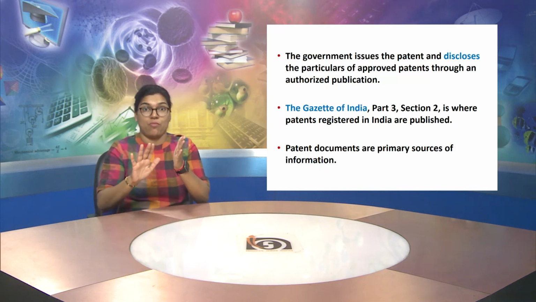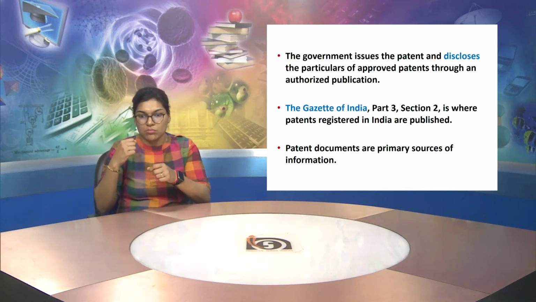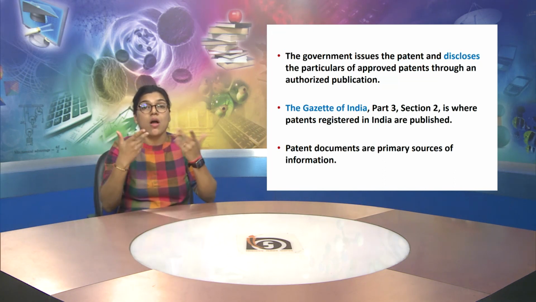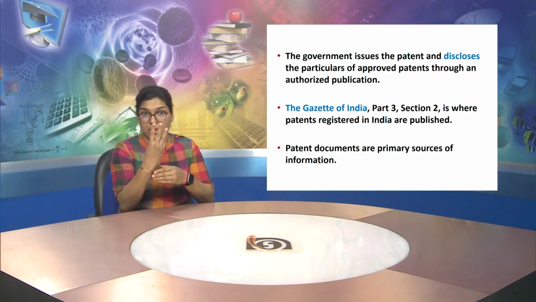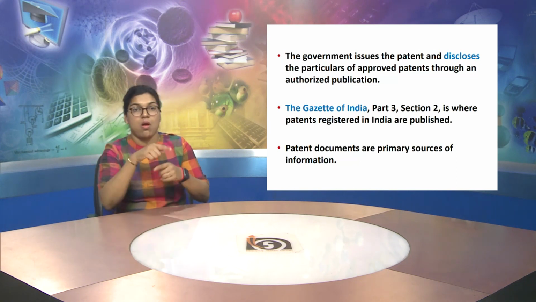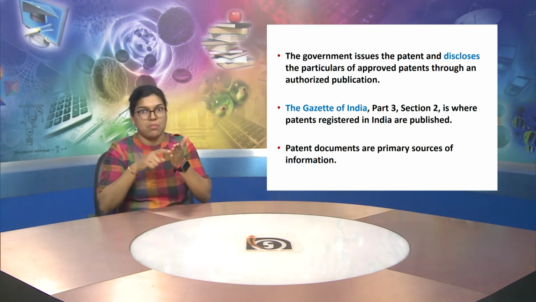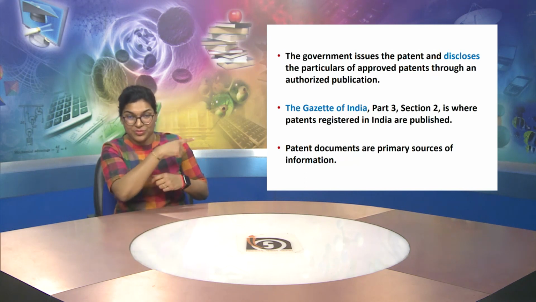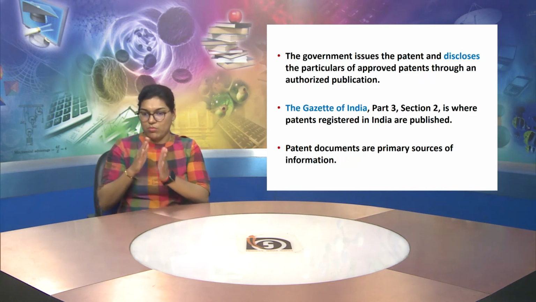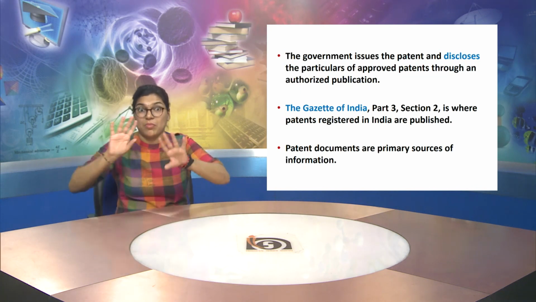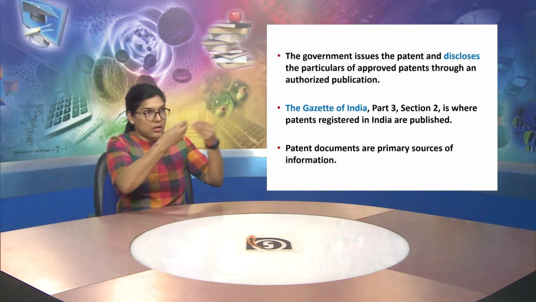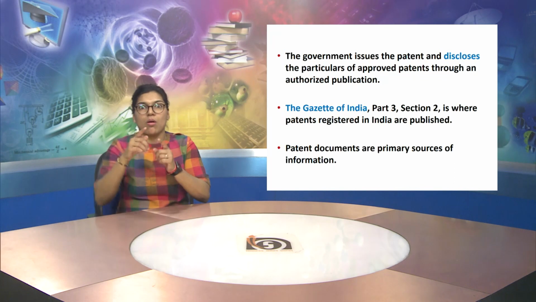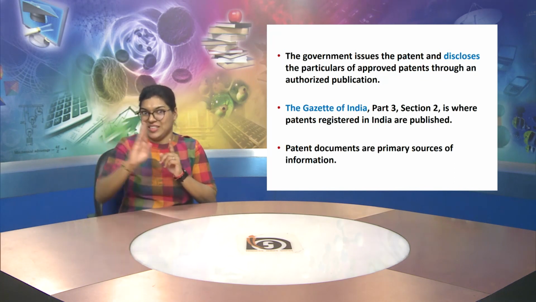The Gazette of India, Part 3, Section 2, is where patents registered in India are published. The last point explains that patent documents are primary sources of information.